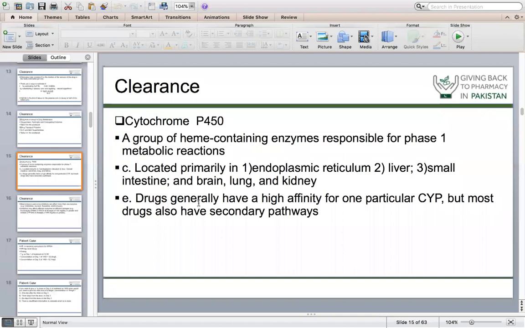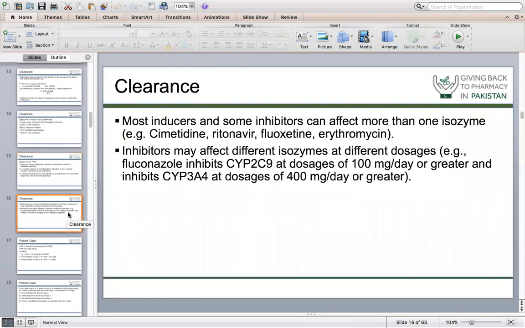Certain drugs have affinity for one particular cytochrome enzyme, but most drugs have secondary pathways. For example, cimetidine or HIV protease drugs are metabolized by more than one enzyme.